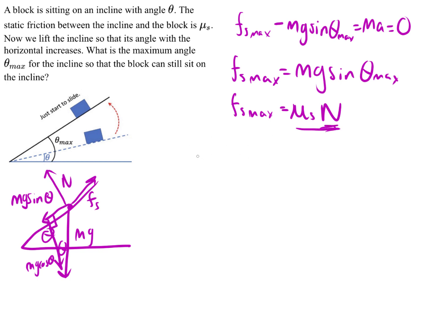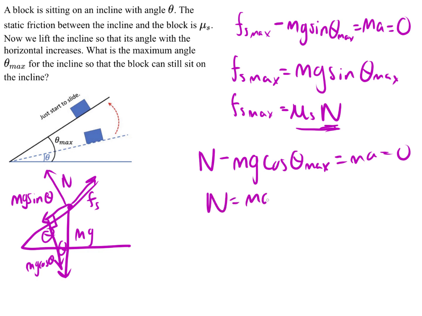The normal force minus the component of gravity perpendicular to the incline must equal ma, which is 0, since it's sitting still. So the normal force is equal to mg times the cosine of the maximum possible angle.